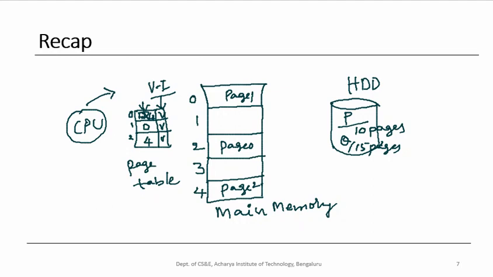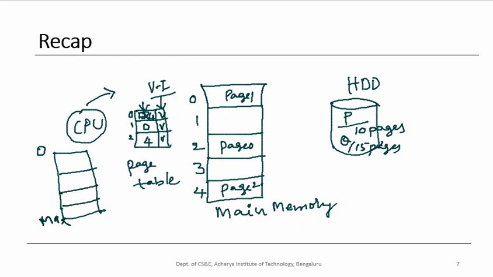Now what is the view that the programmer gets, though these pages are stored in the memory in an assorted manner? The view that the programmer gets is that his program will start from address 0 and end at some maximum address.